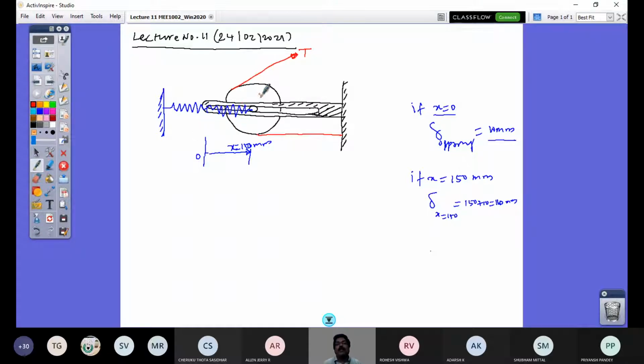So what is the mass of this disc? That's given. That is 3 kgs. So now what would be the question that you expect?